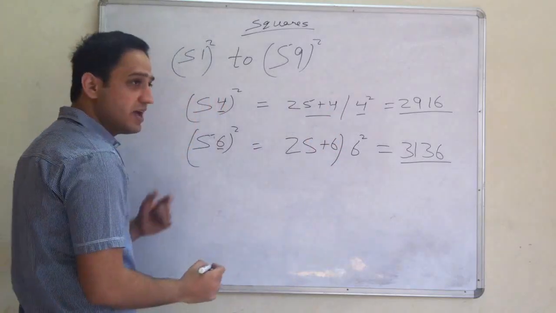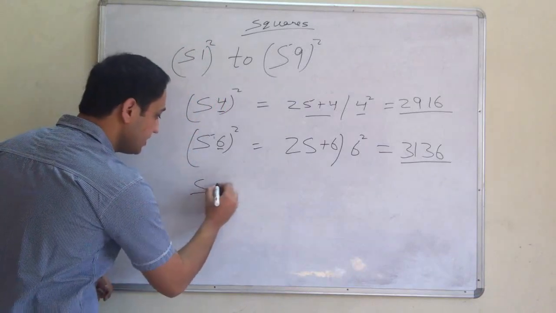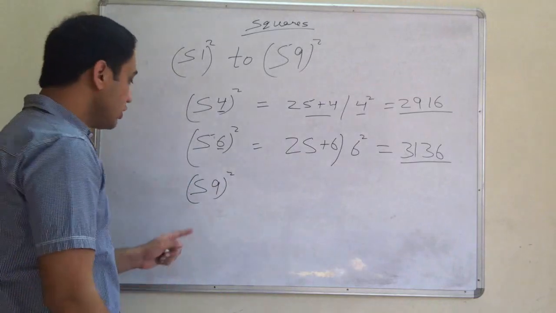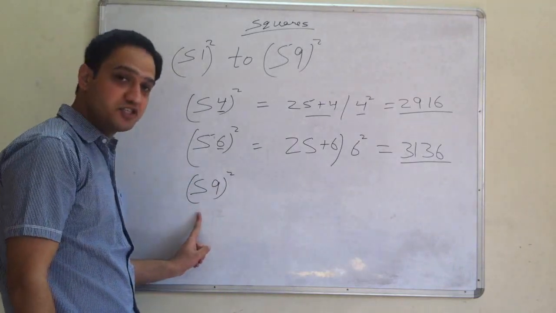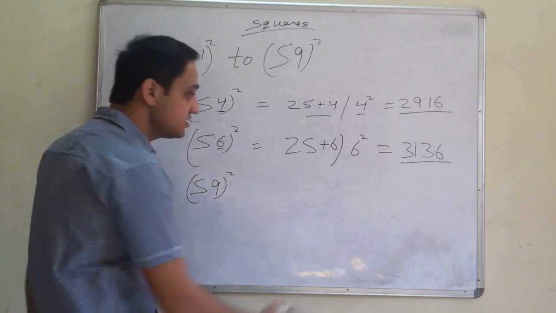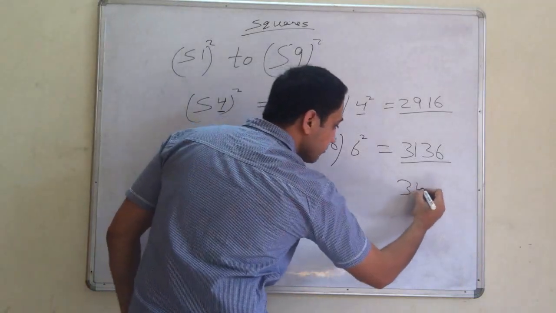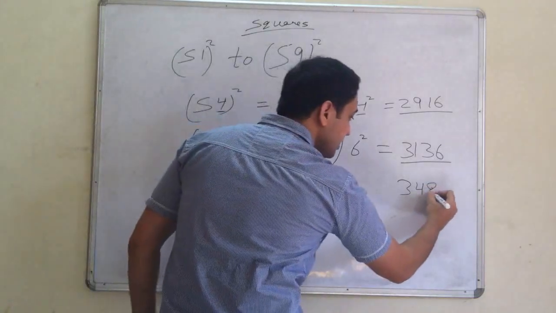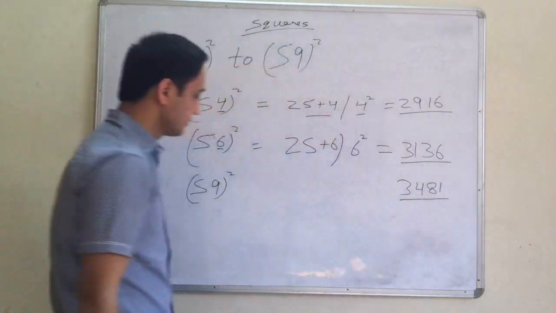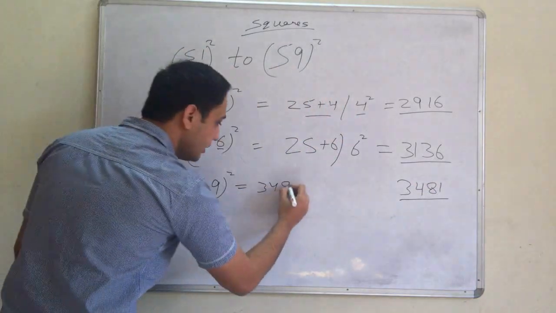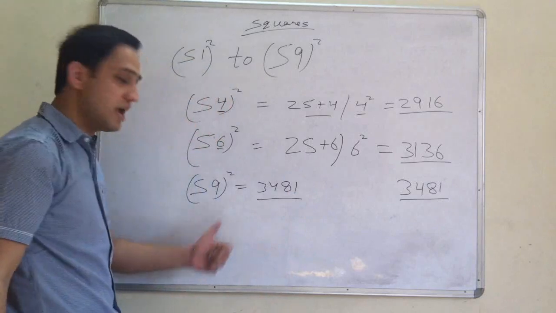So let's see, if I have to do the square of 59. So 25, which is half of 50. 25 plus 9 is 34. And the square of 9 is 81. So here 34, which is 25 plus 9, and 81, which is the square of 9.